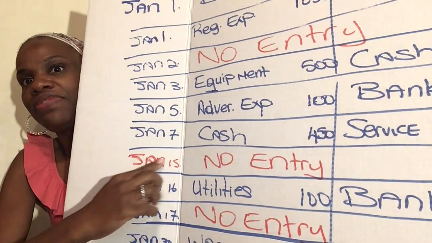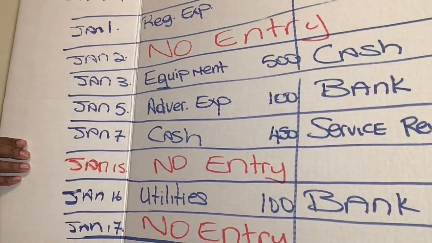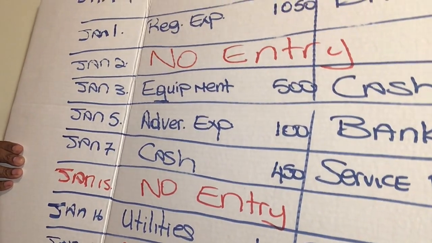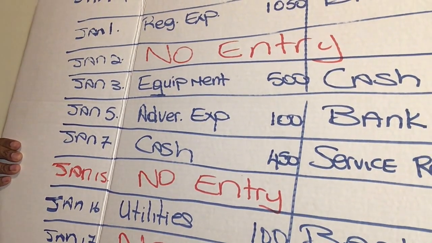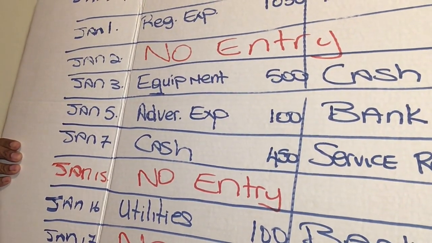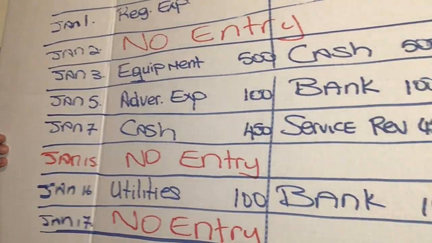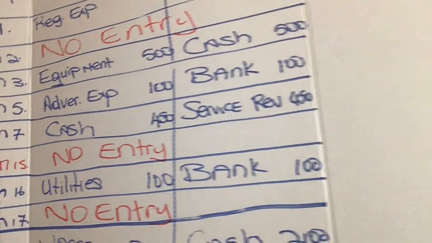So on the 15th, no entry, right? Because this is when she hired them. The next one says that on January 16th, she paid utility bill due $100 from the business bank account. So utility, we debit, and bank, because money is walking out, we credit for $100, yeah?